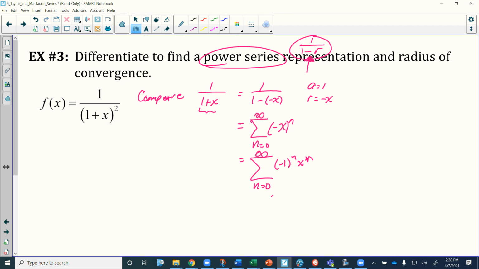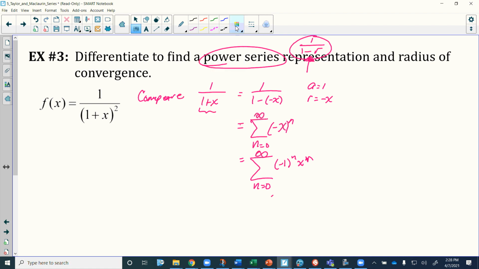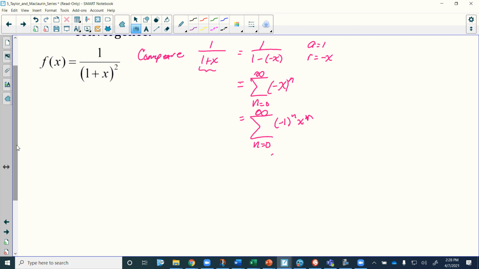Well, now that I have that series, this is where I can wind up taking the derivative of something. Okay, so that's what I'm going to do now. At this point here, this is where I take a derivative.